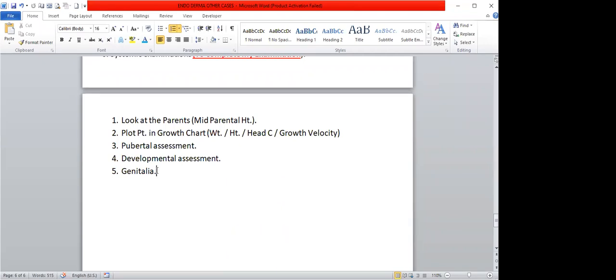McCune-Albright, exactly, that is the thing I was waiting for. So that is basically the importance of short stature with all these areas. Not only the short stature, it is related to every other area that will complete our examination. That is the aim of our discussion.